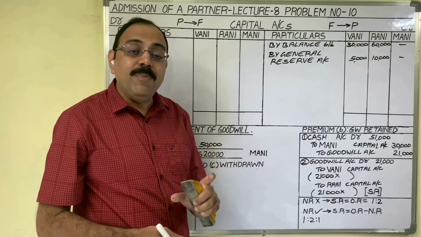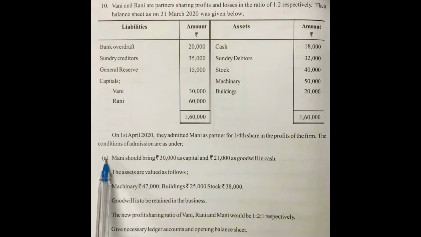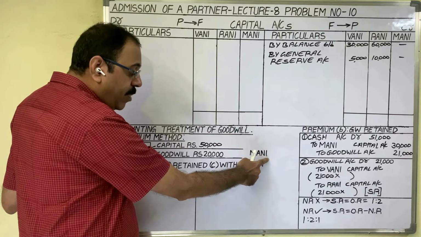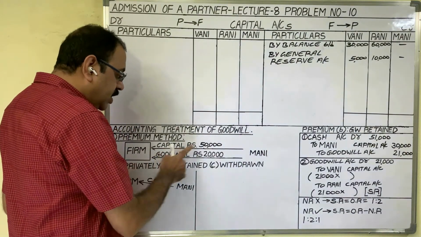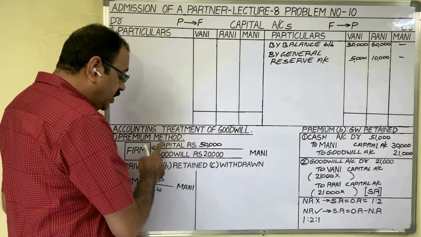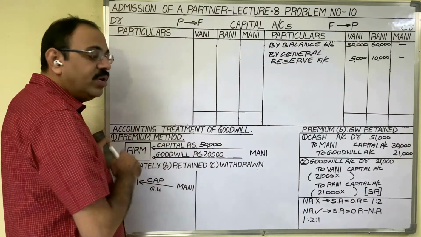Next, come to capital and goodwill adjustment. A point and C point are related to capital and goodwill. A: Money should bring 30,000 rupees as capital and 21,000 rupees as goodwill in cash. C: Goodwill is to be retained in the business. When the new partner's money is coming into the firm, she brought 50,000 rupees capital and 20,000 rupees goodwill.